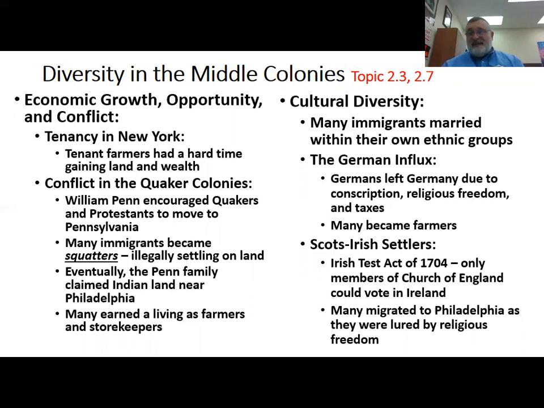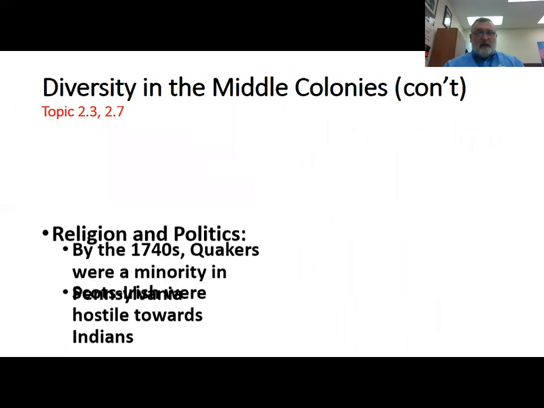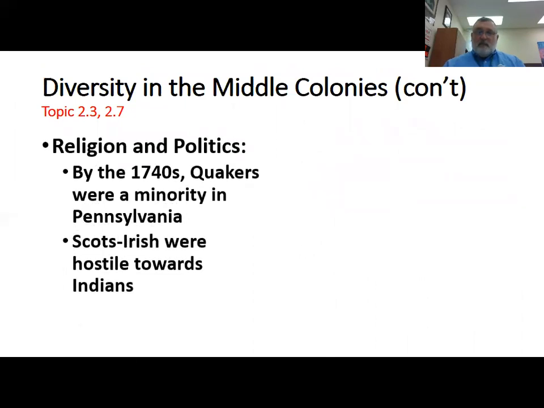And so, besides the English and African Americans, the next largest group of people in the colonies were the Scots Irish. Most of these Scots Irish didn't settle on the frontier, and so very quickly Pennsylvania was becoming more of a German, Scots Irish, Protestant, Catholic, not very much Quaker colony.